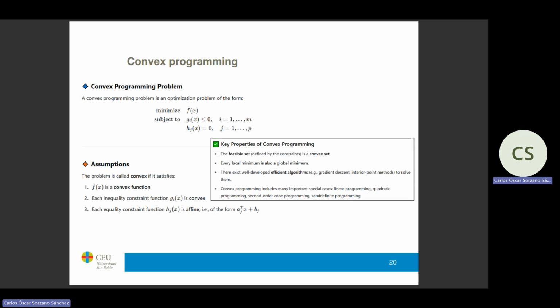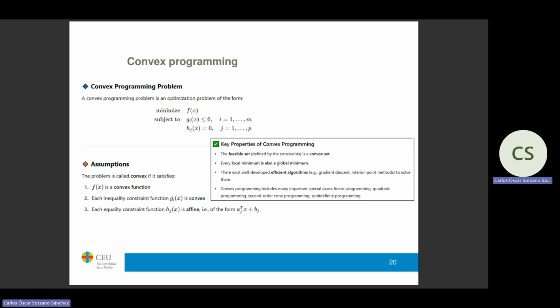The function f is convex, the inequality constraints are convex, and the equality constraints are affine. And the definition of affine is this thing. So it is a vector times the x vector plus some constant. Okay, so if all this is fulfilled, then this problem is a convex problem.